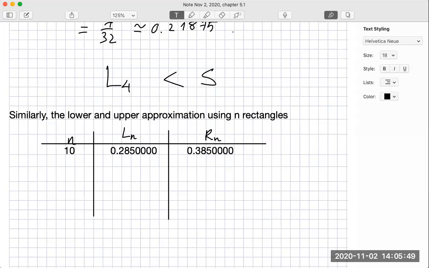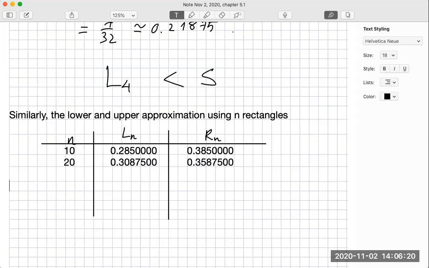And you can do it. Go home and do it. It would take a lot more time if we discretize it into 20 rectangles. Then we get the result 0.30875000, and the upper approximation is 0.35875000.